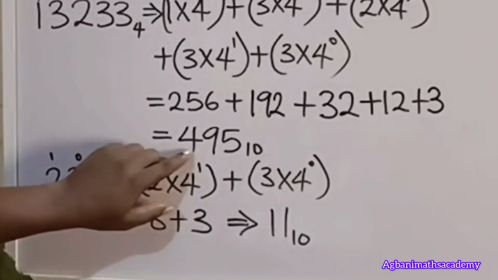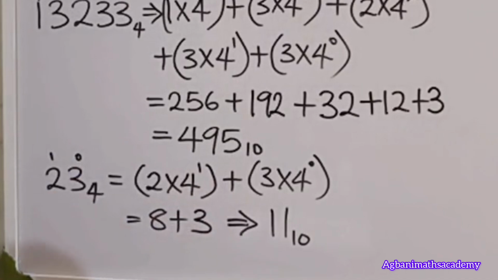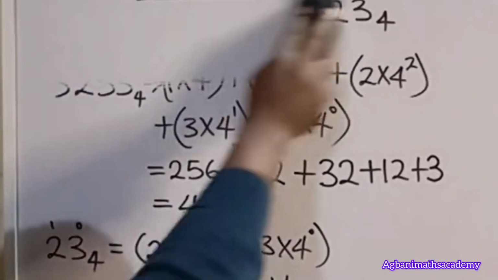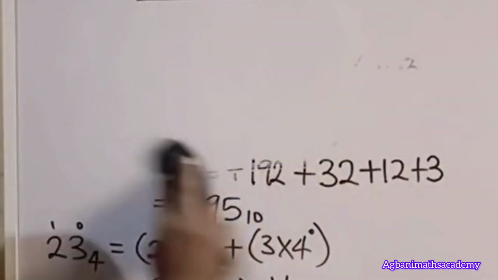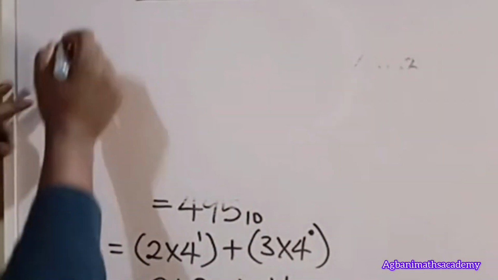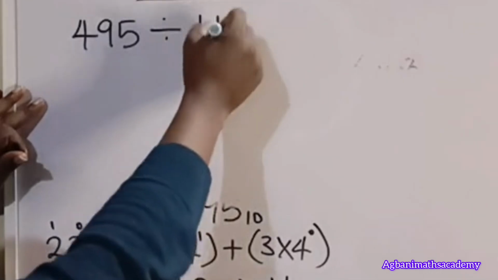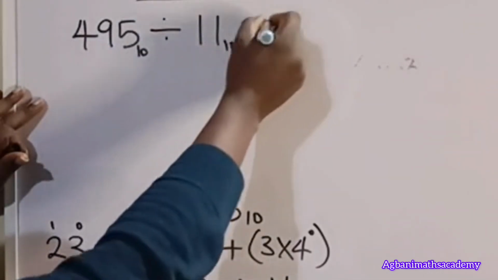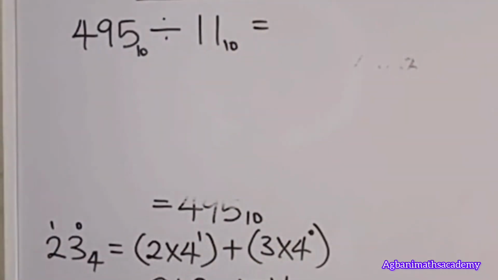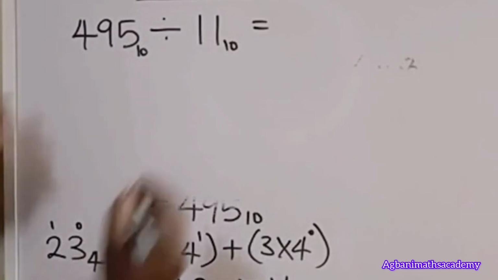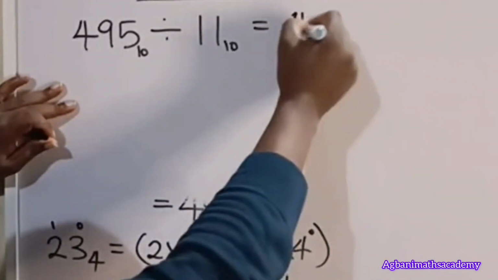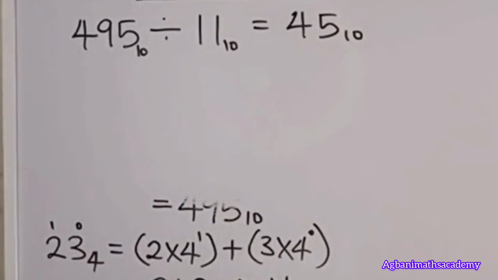We need to divide 495 by 11. Okay? So let's do that. 495 divided by 11, what do we have? We have 45. So 45 base 10. We've gotten our answer in base 10, but we need to convert it back to base 4 because we started with base 4.